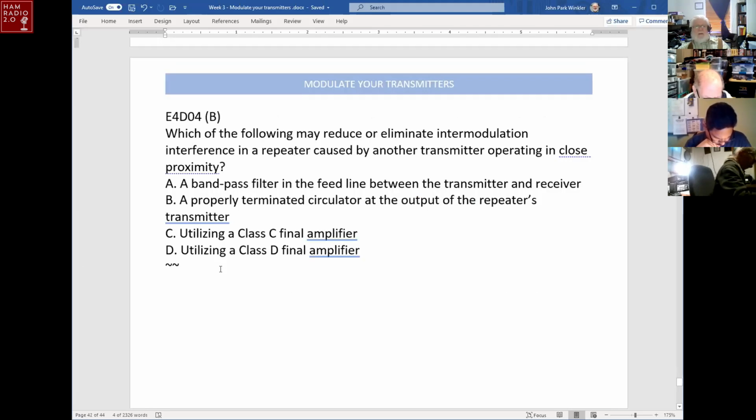Which of the following may reduce or eliminate intermodulation interference in a repeater caused by another transmitter operating in close proximity? The answer is B, a properly terminated circulator at the output of the repeater's transmitter.